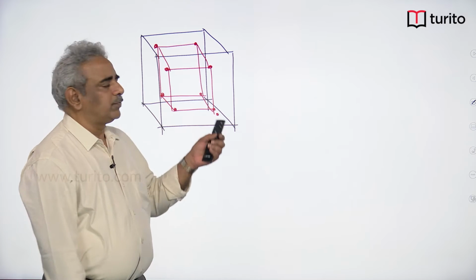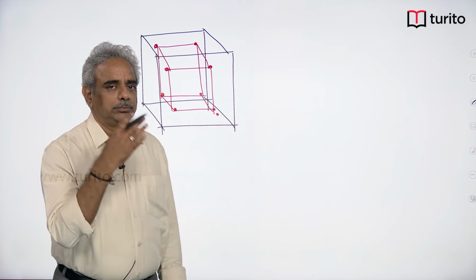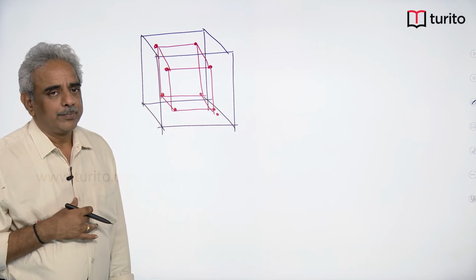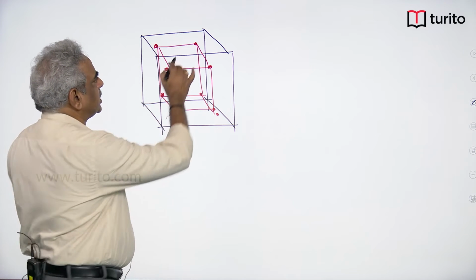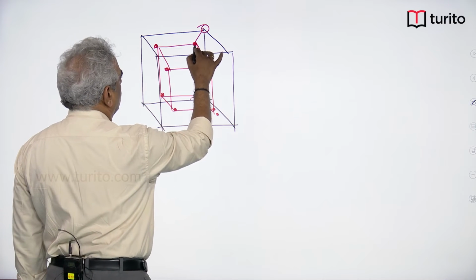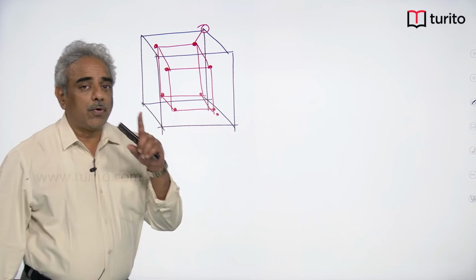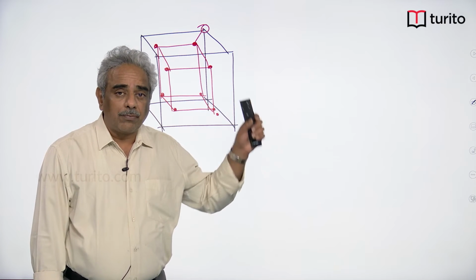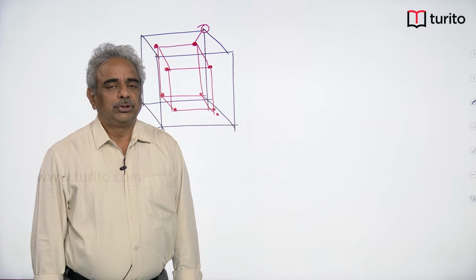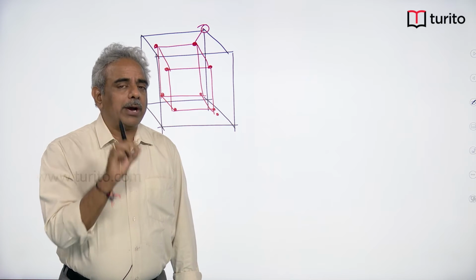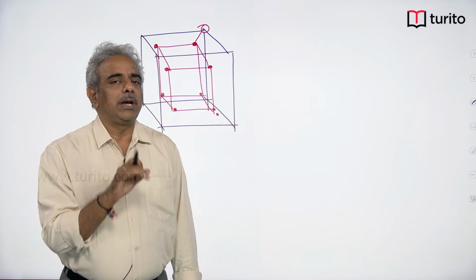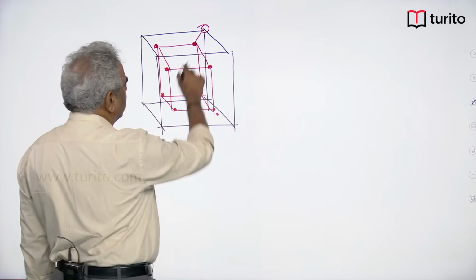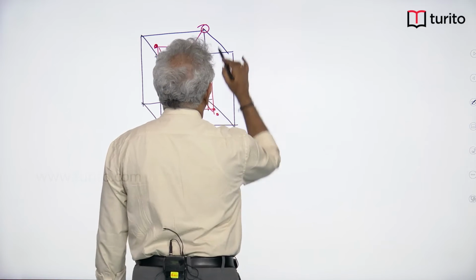I am giving this just to make you feel the position of tetrahedral voids. Actually the distance from here to here, corner to tetrahedral void, will be 1/4 of the length of the body diagonal. So the tetrahedral void is located approximately at 1/4 length. So what is the body diagonal length? I will come back.